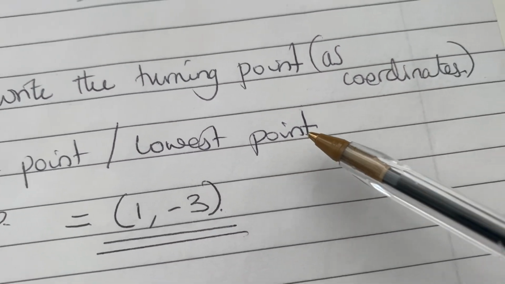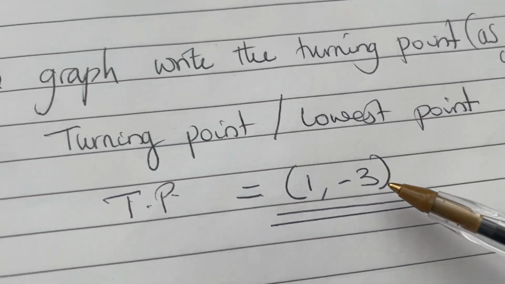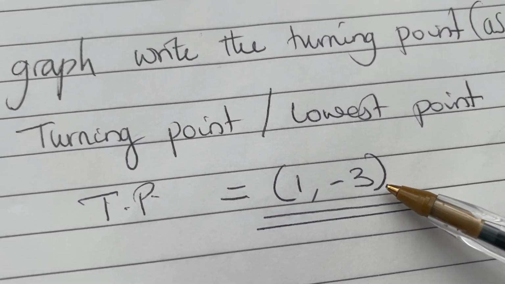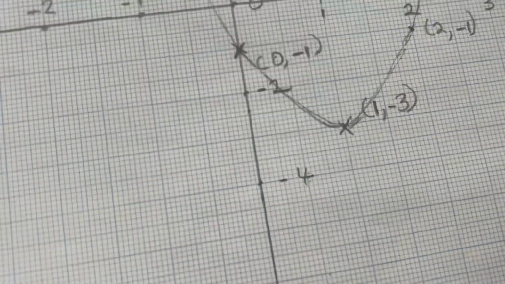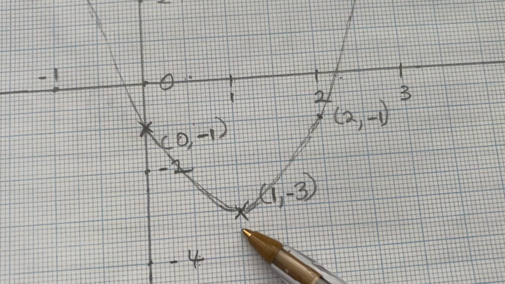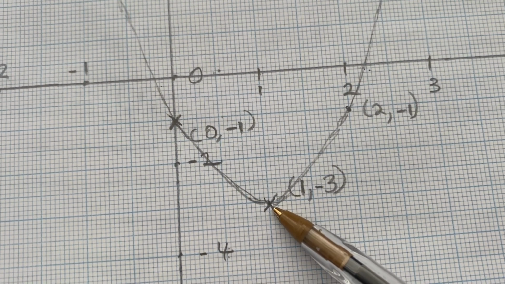From the graph, write the turning point as coordinates. Okay, so that will be the turning point here. That will be the turning point. Okay, and that will be the minimum point.